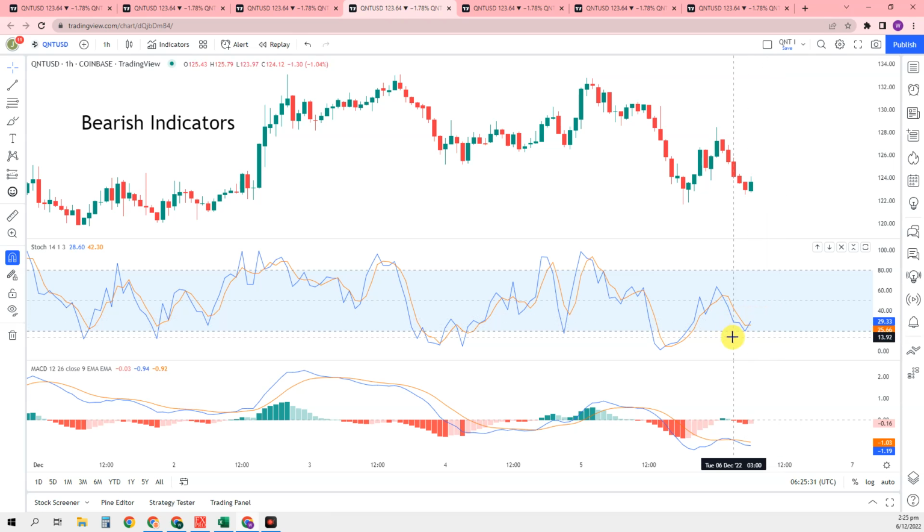So in this case, I will give it a miss. I won't consider this as a strong signal. And moreover, you have the MACD still in negative territory. So it's quite a safe guess that the prices are still very much under pressure.